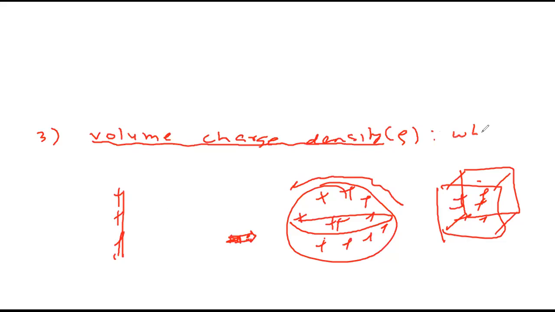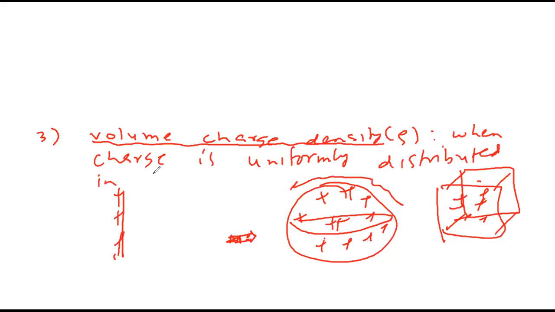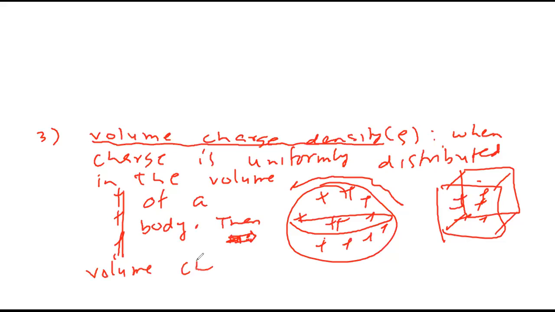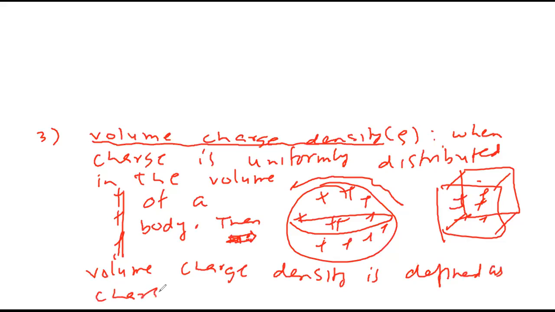Third one, when charge is uniformly distributed in the volume of a body, that means in the space of a body, then volume charge density is defined as charge per unit volume.